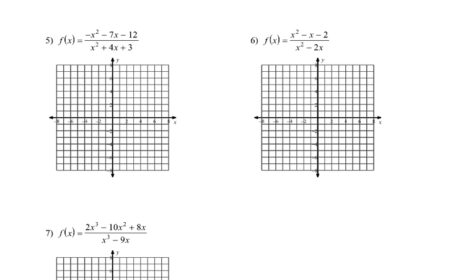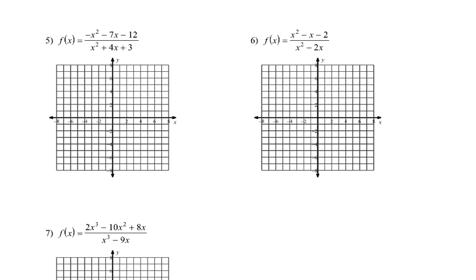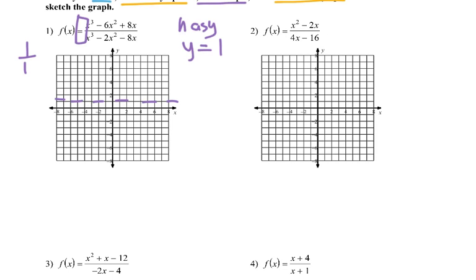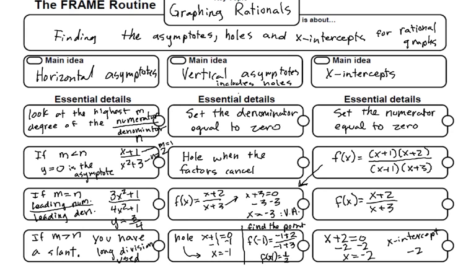Those ones are more complex. It doesn't look like we have one where the top is smaller than the bottom. That's unfortunate. Anyway, so there's our asymptote. That's the first step, finding the horizontal asymptotes.